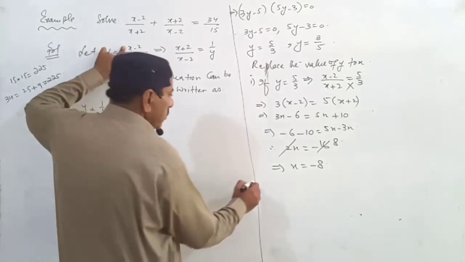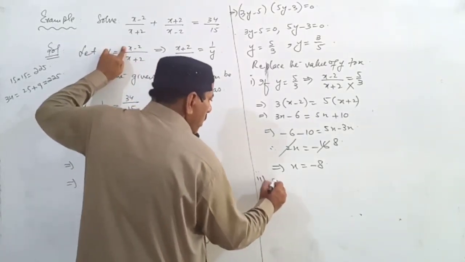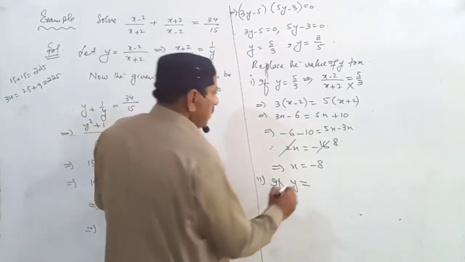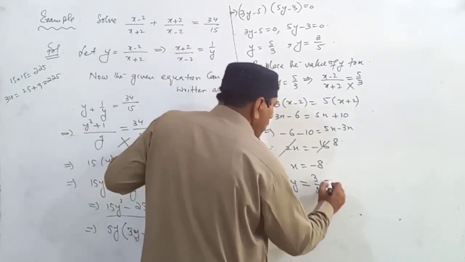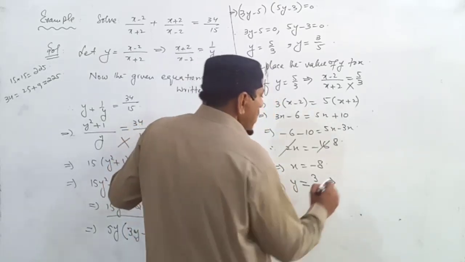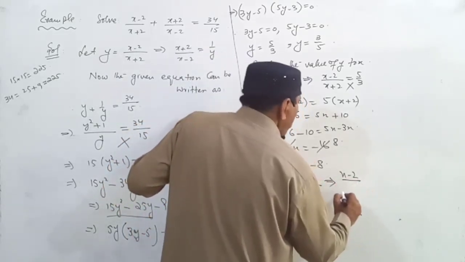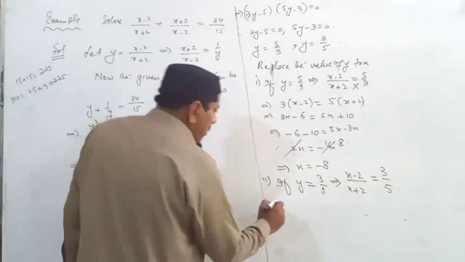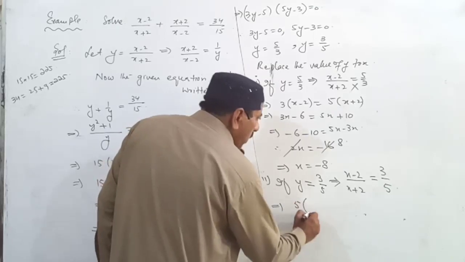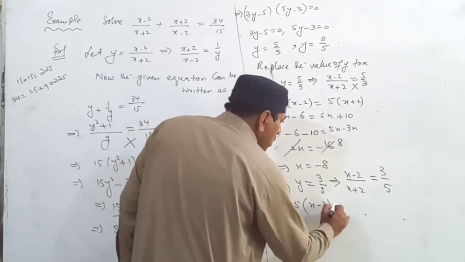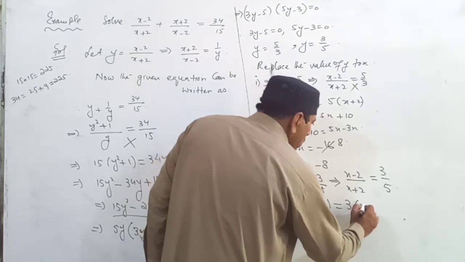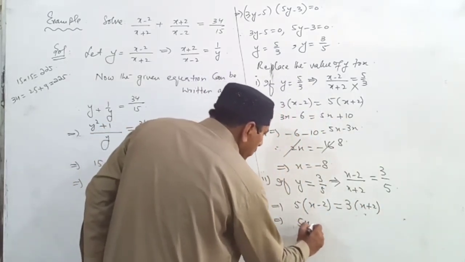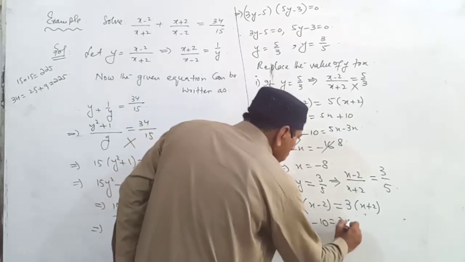Again, if y is equal to 3 upon 5, it implies that (x minus 2) upon (x plus 2) is equal to 3 upon 5. It implies that 5 into (x minus 2) is equal to 3 into (x plus 2). 5x minus 10 equals 3x plus 6.